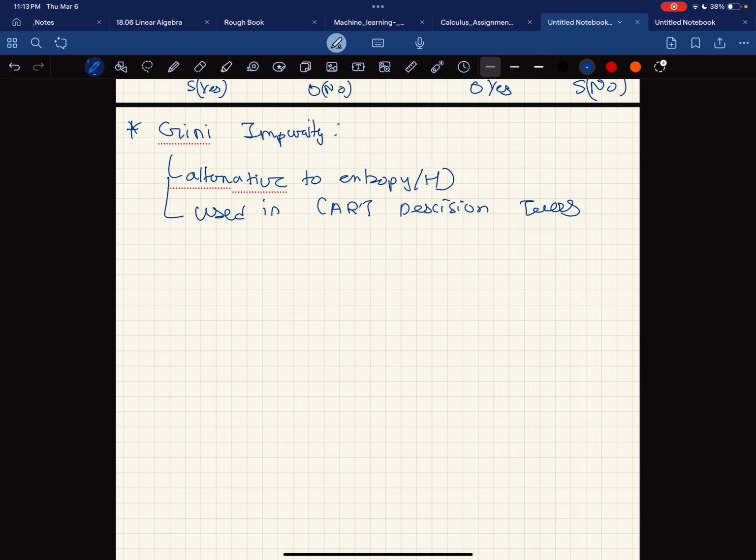Now, generally, Gini is represented as 1 minus summation of pi square. We'll go into a bit of detail of what Gini impurity is.